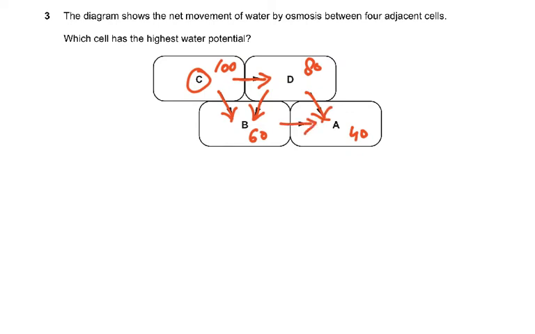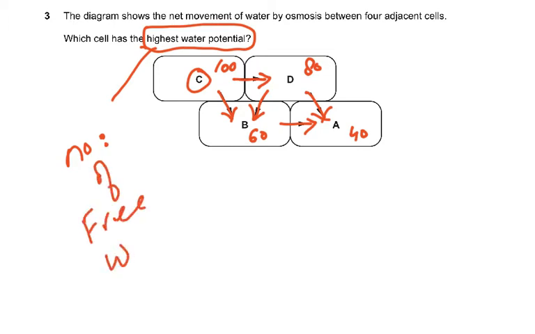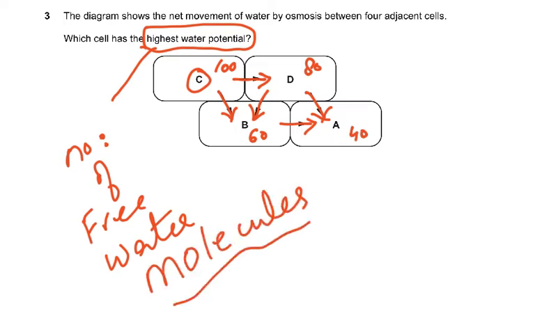So this is how, because highest water potential means the number of free water molecules. Now this defines the water potential. The more free water molecules, the less the solute. So the more free water molecules, the more the water potential.